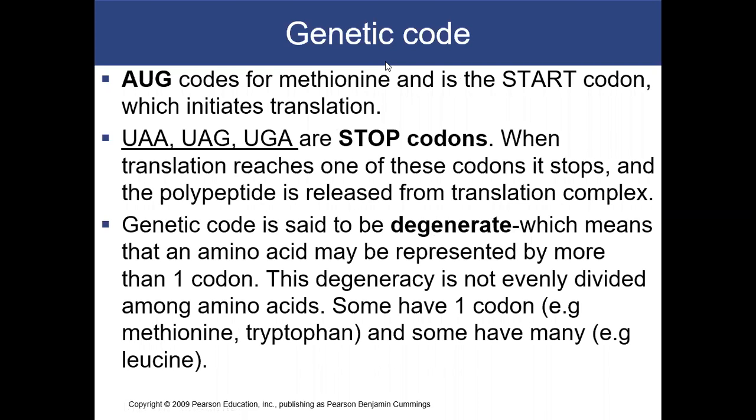Continuing with the genetic code, AUG is one of the simplest codons to remember, and it codes for methionine. Methionine is the start codon, and it's the codon that initiates translation. I spoke about the stop codons earlier, and these are UAA, UAG, and UGA.